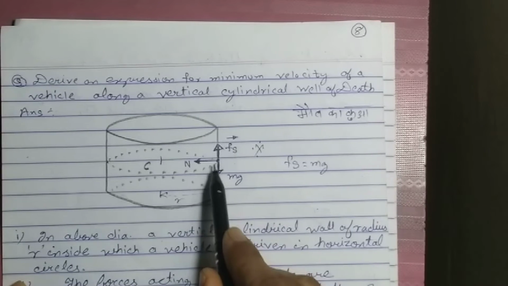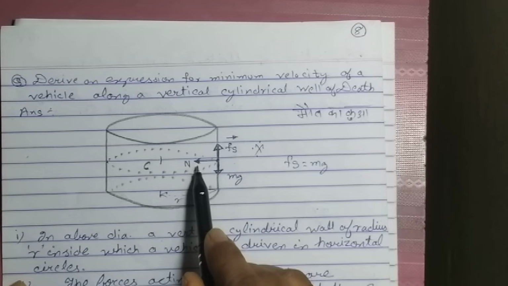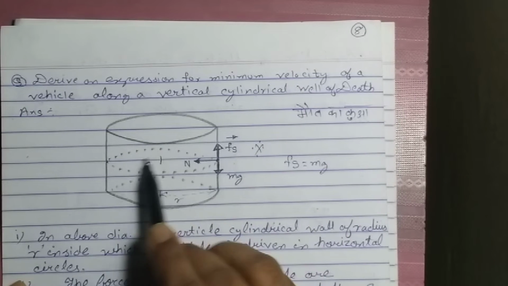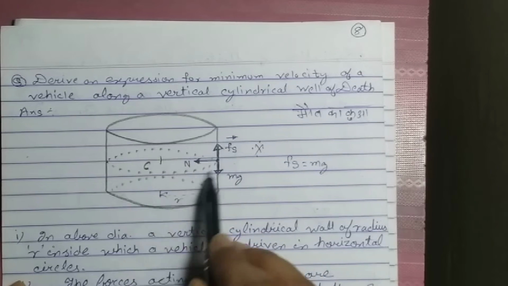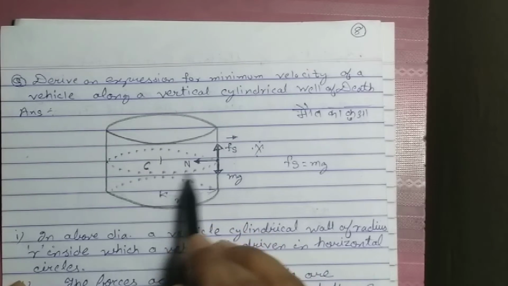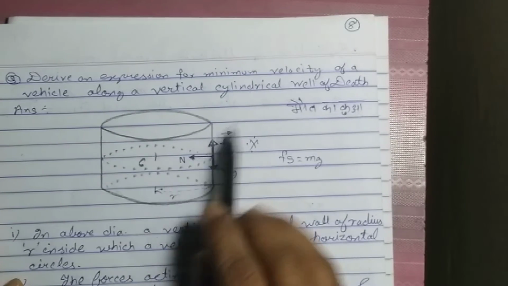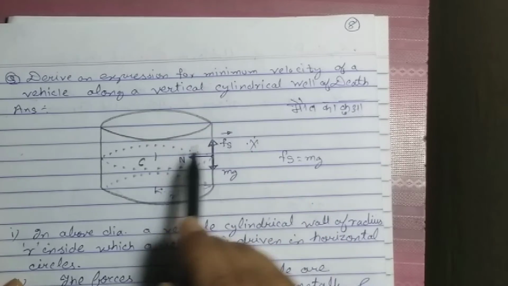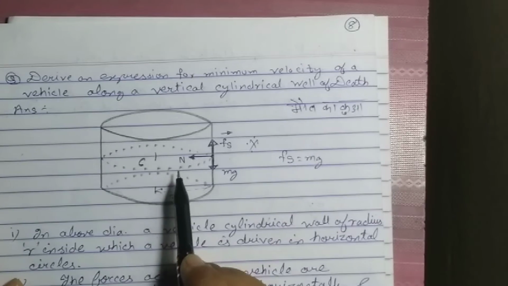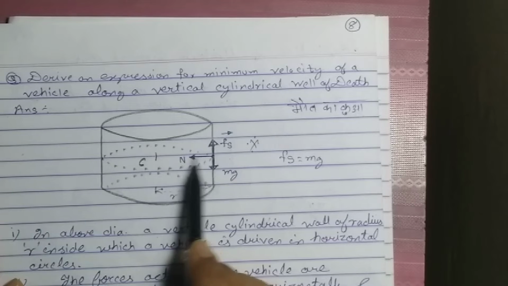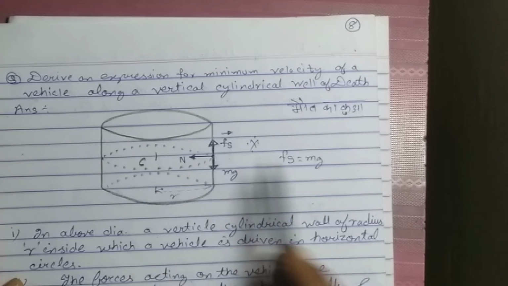And students, what is the horizontal reaction here? N. And we know that the horizontal force will always help us to perform circular motion of that vehicle along the horizontal circles. It means the horizontal reaction N provides the necessary centripetal force for that vehicle.